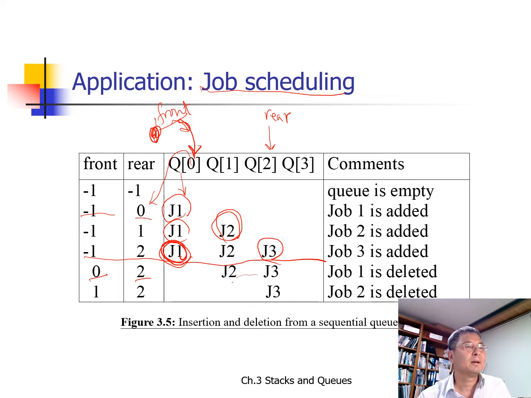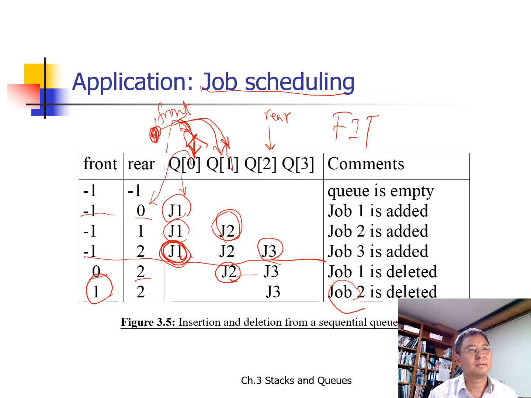And when another job is deleted, job 2 will be returned, and the front will be moved to the second element. So this one will represent index 1 here. This operation follows the FIFO rule.